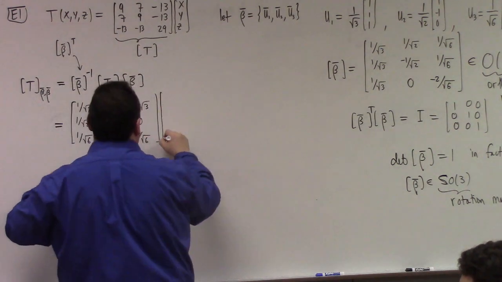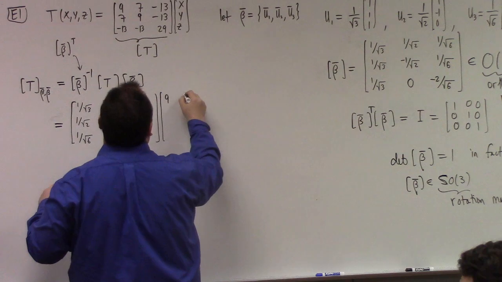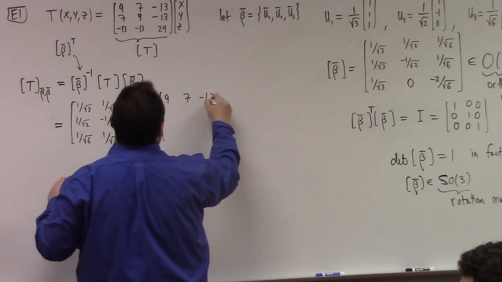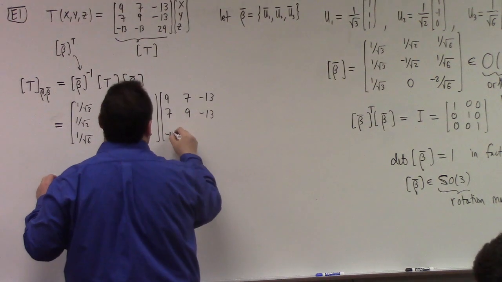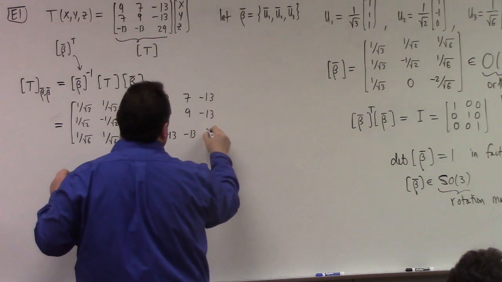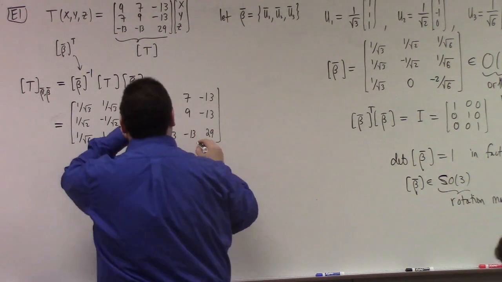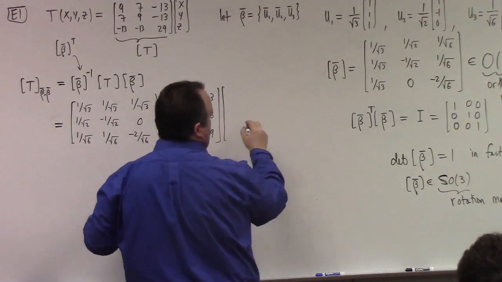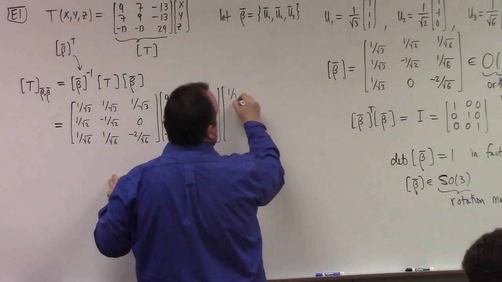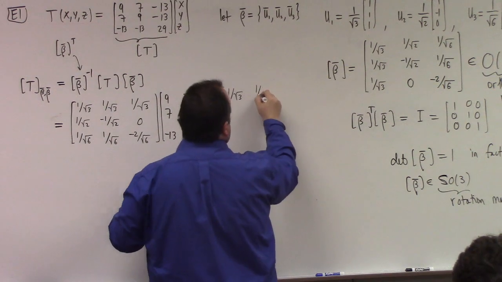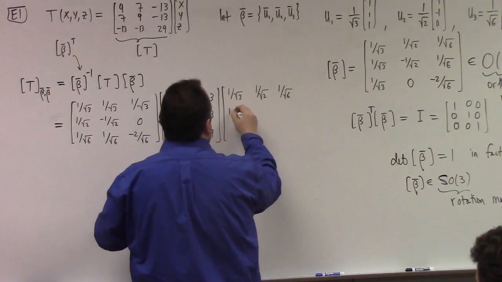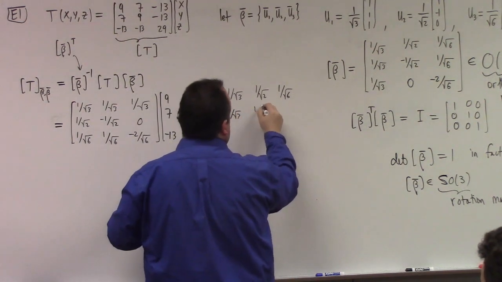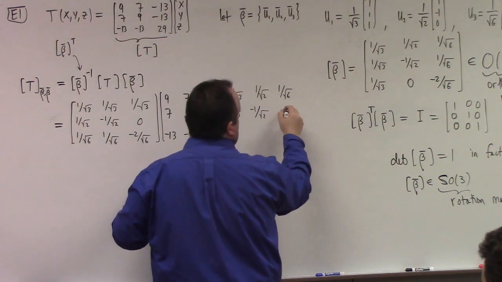Then I've got my T here: 9, 7, minus 13; 7, 9, minus 13; minus 13, minus 13, 29. All right? And then my beta bar matrix, which is 1 over root 3, 1 over root 2, 1 over root 6; 1 over root 3, minus 1 over root 2, 1 over root 6.